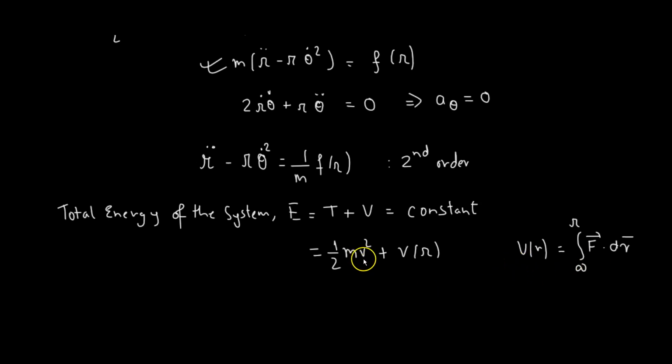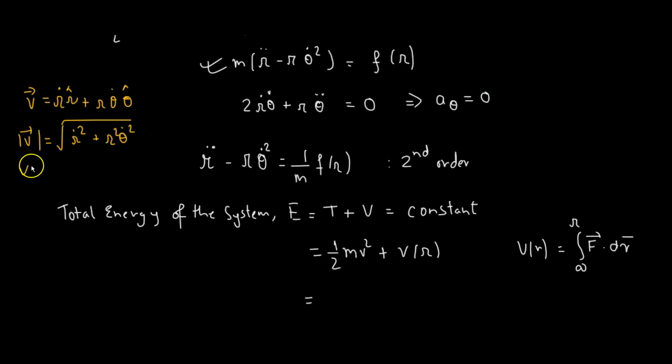Now we need to find out v squared. So we had the velocity vector, whose expression was r dot r cap plus r theta dot theta cap. If we take the magnitude of velocity, that's the square root of r dot square plus r square theta dot squared.